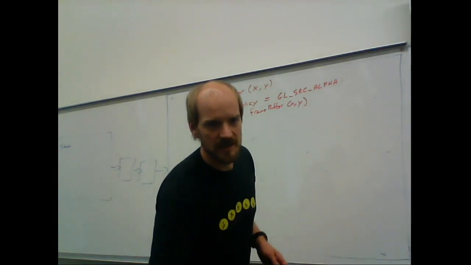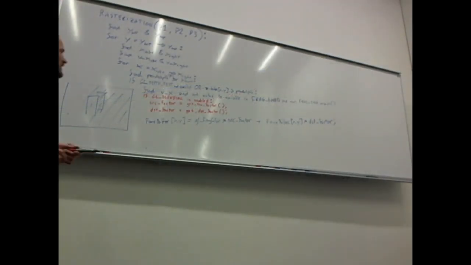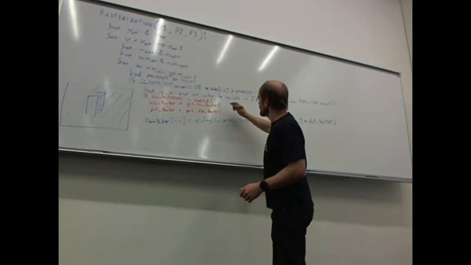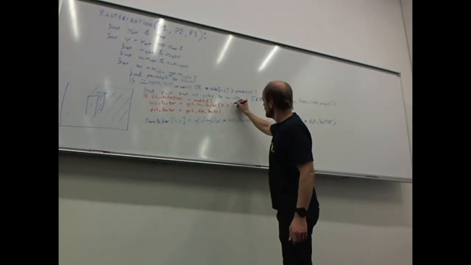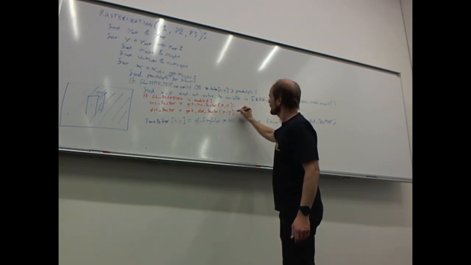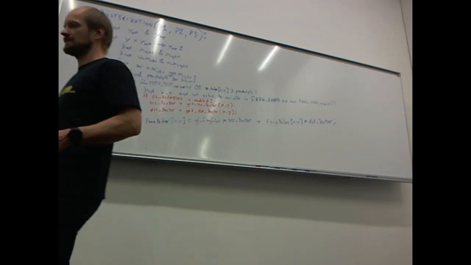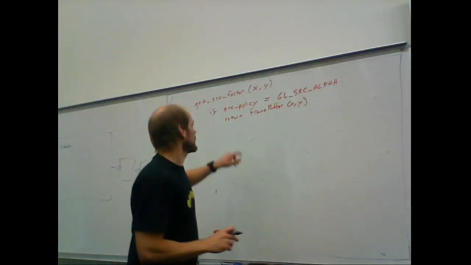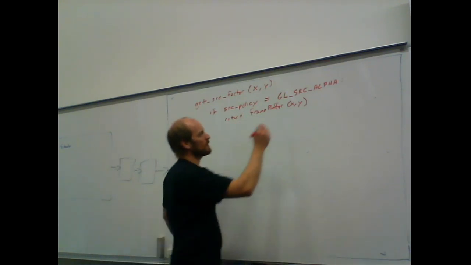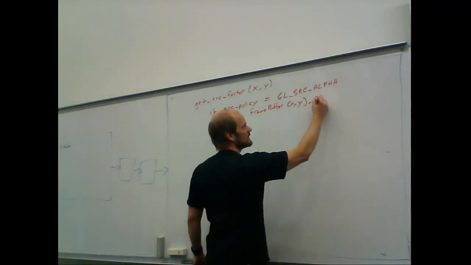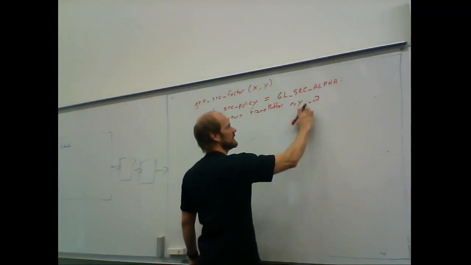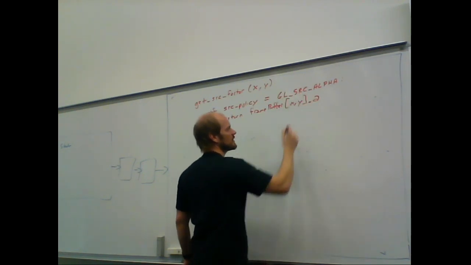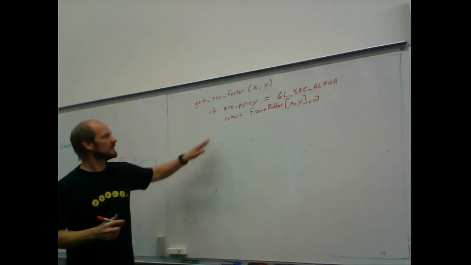So let's just stick that in there as well and say we're going to get the source factor for this particular pixel, xy. All right, so we're going to return frame buffer xy dot a, and this should be like this to keep consistency.